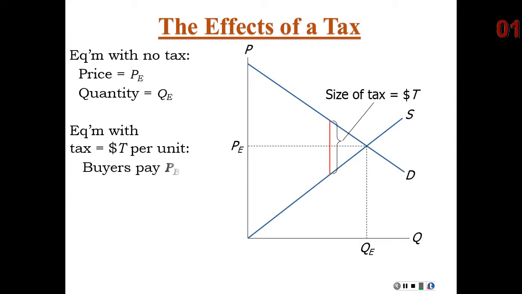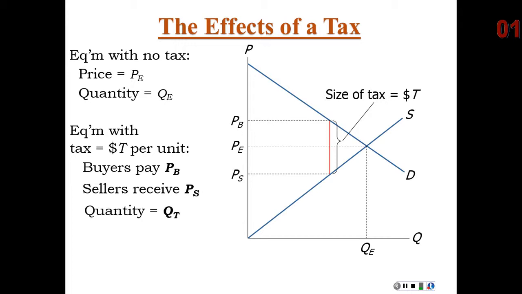And the price buyers pay was now going to be higher, and the price sellers receive was now going to be lower. In fact, the difference between PB and PE was the tax burden on buyers, and the difference between PE and PS was the tax burden on sellers, right? And there would be a new lower, smaller quantity, QT. The size of the market would decrease, right? This was chapter 6 analysis.